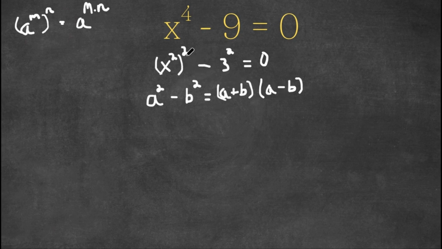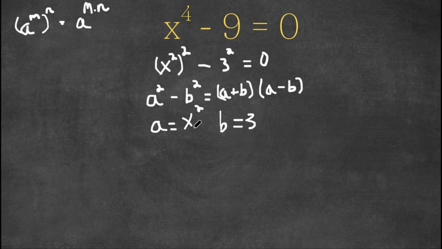So as you can see right here, what I've done is I've changed this equation to match up with a squared minus b squared. In this case, a is equal to x squared, and b is equal to 3. So we have x squared to the power of 2 minus 3 squared. And this is also equal to a squared minus b squared.